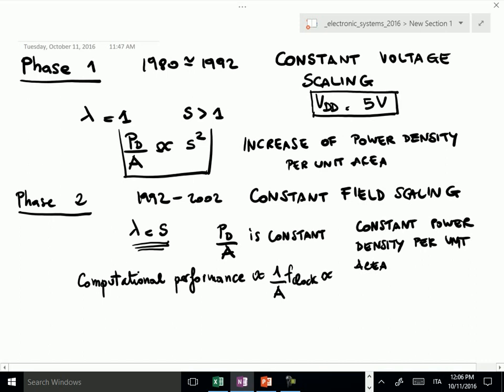So it goes up as s to the third power. So there's a huge improvement in computational performance at constant total power.